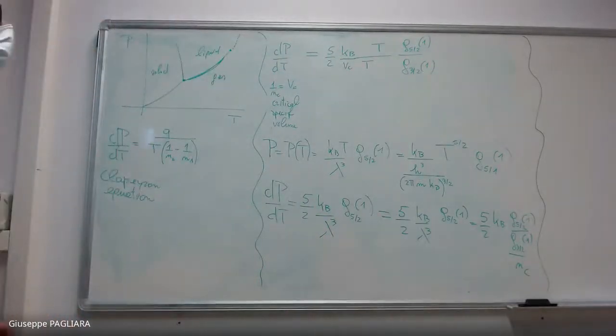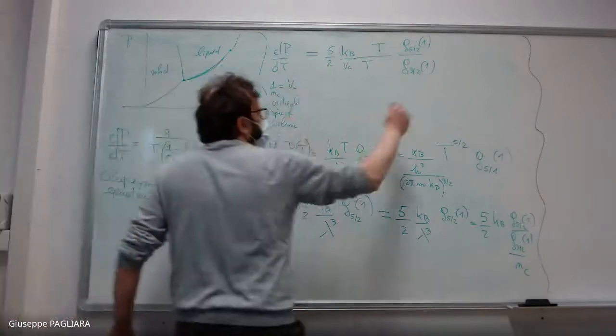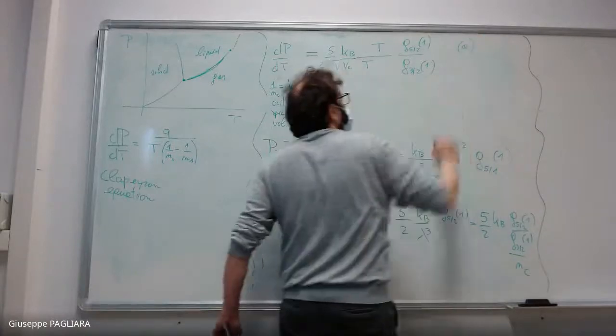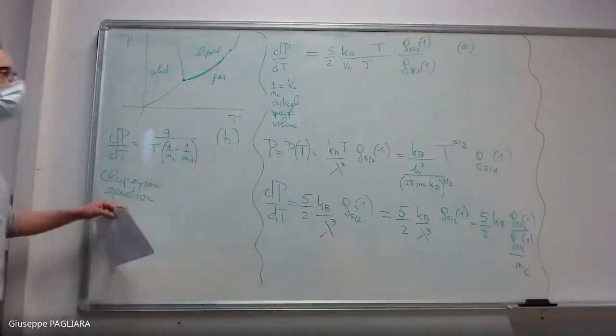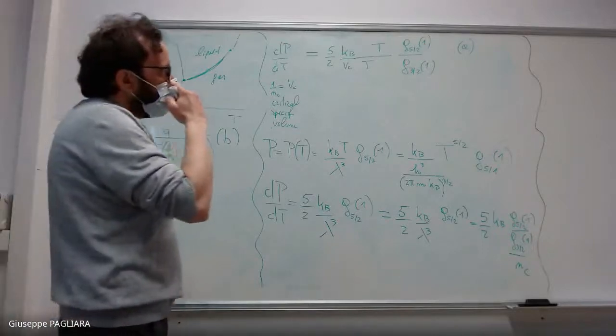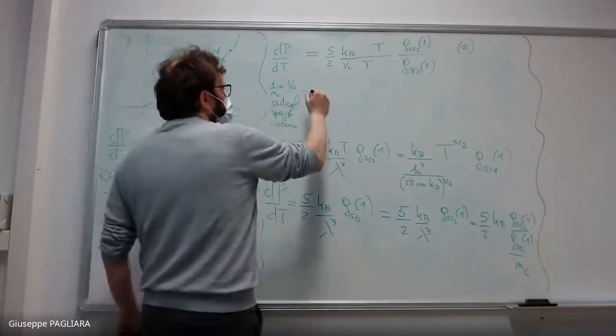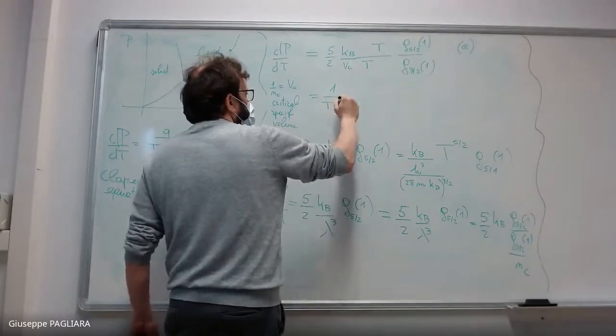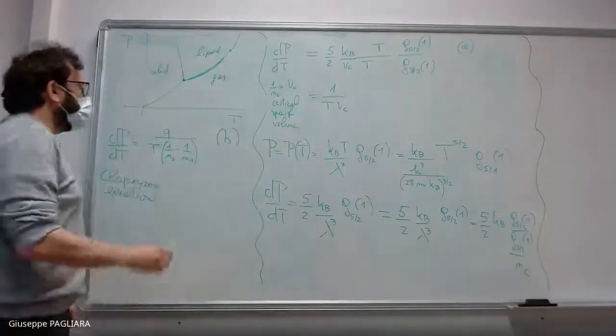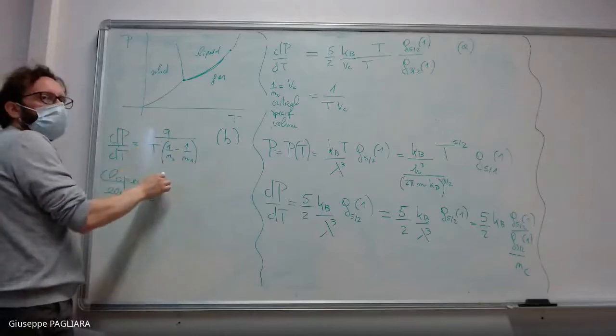Okay. So now if I compare this equation with the Clapeyron equation, I see that I have a structure like 1 divided by T dP/dT, which is this structure here.